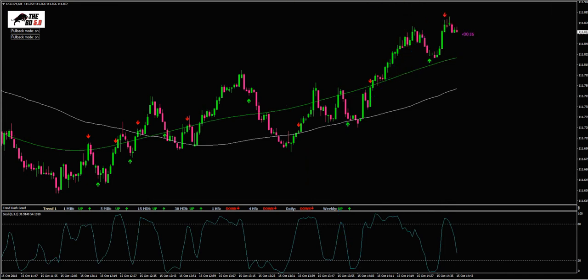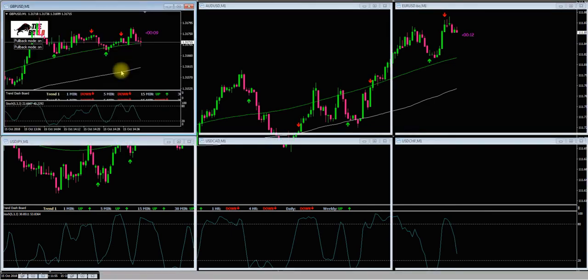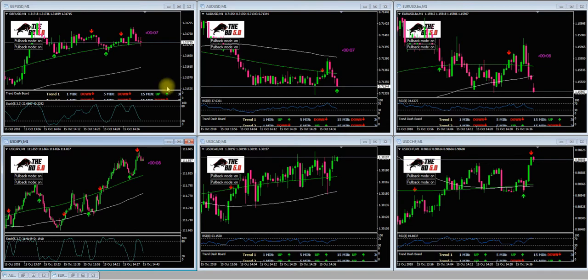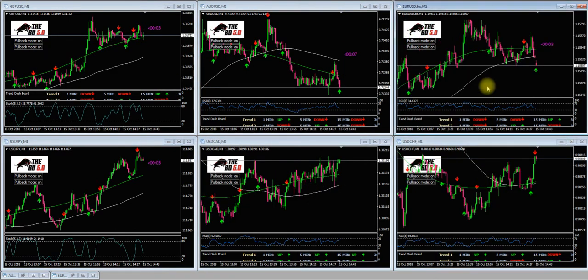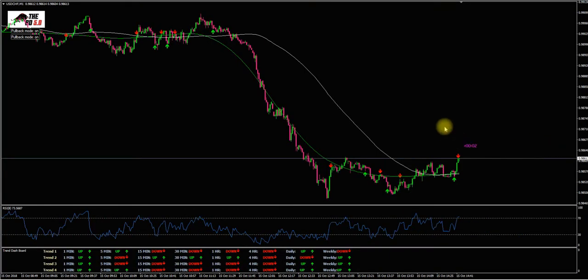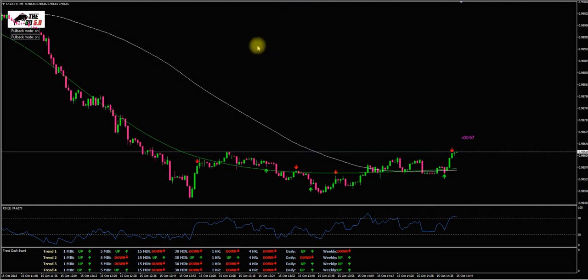So what I'm going to do is set all my charts like this, which I've already done before, and I'm just going to zoom out like this and look for some trades. Something like this is not a good time to trade. By using these white lines, we've got the white moving average and we've got our green price line.